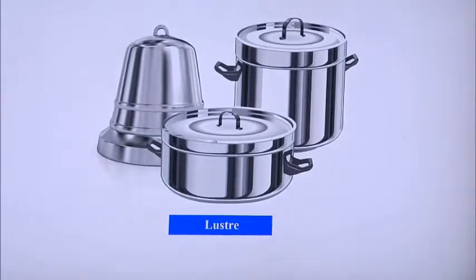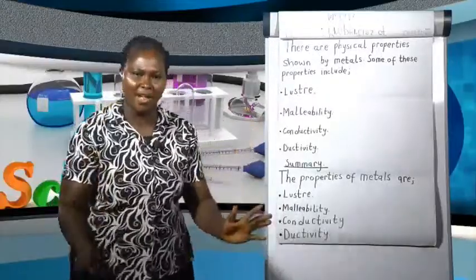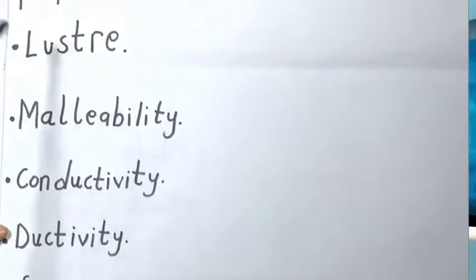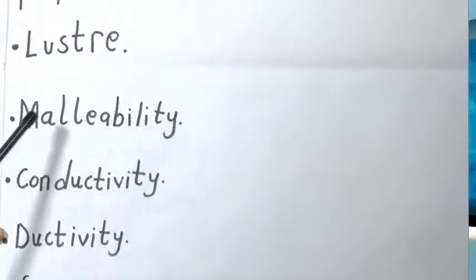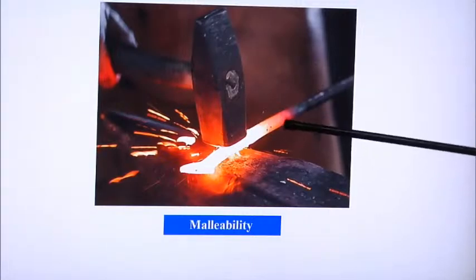So, children, let's look at another property of metal. Malleability. Let's all say it. Malleability. Let's have a look at what we mean by malleability. Now, have you seen it? A metal is put in fire.